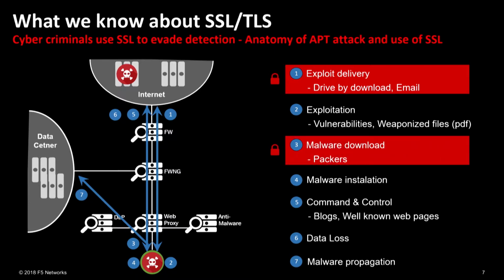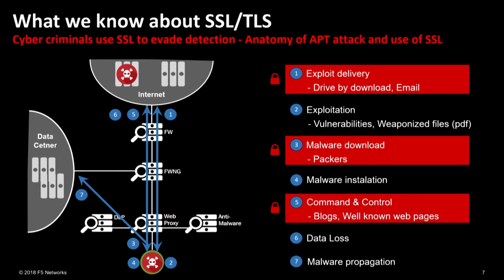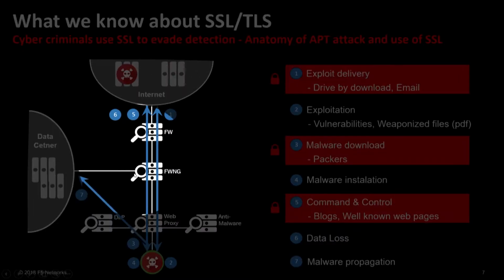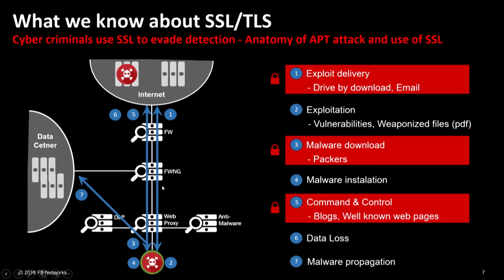What next? If the bad guys have access to your station, they will try to download a piece of malware. And once again, if they hide the malicious activity inside the SSL tunnel, there is no technology which will see this attempt.